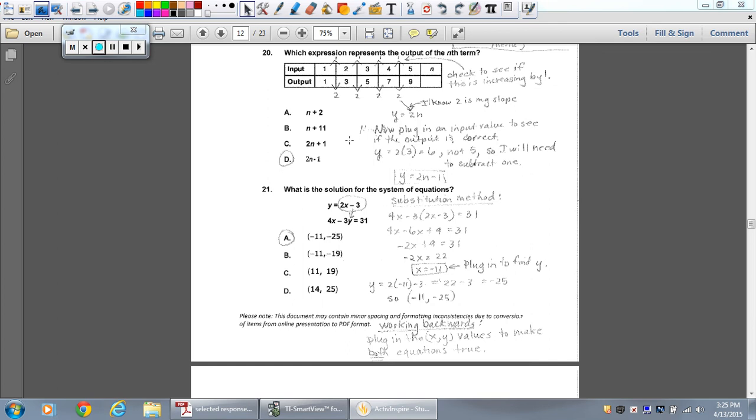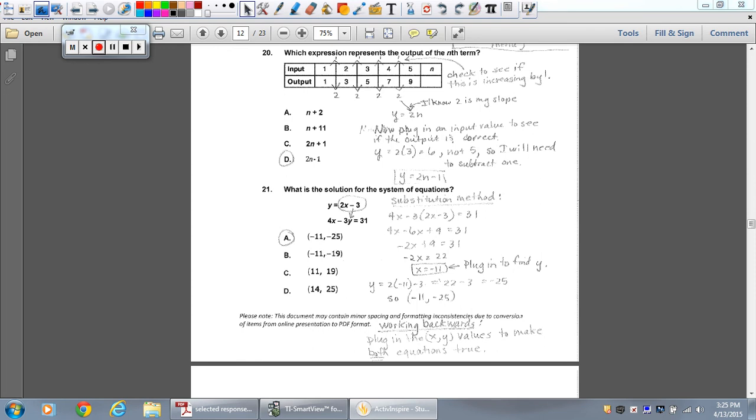All right, on number 20, which expression represents the output of the nth term? So your job is to notice if these are increasing by 1 and these are going up by a constant value, so we know it's linear. The constant change is going to be your slope, and so I wrote y equals 2n, and then see if that works.